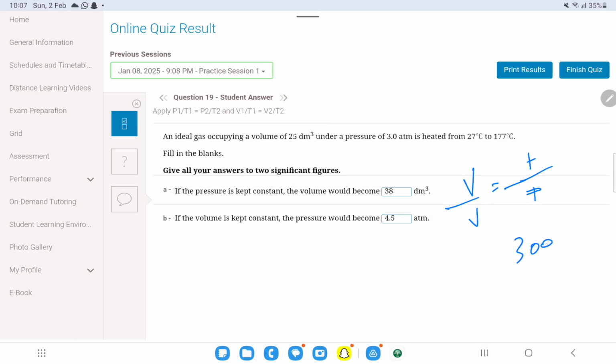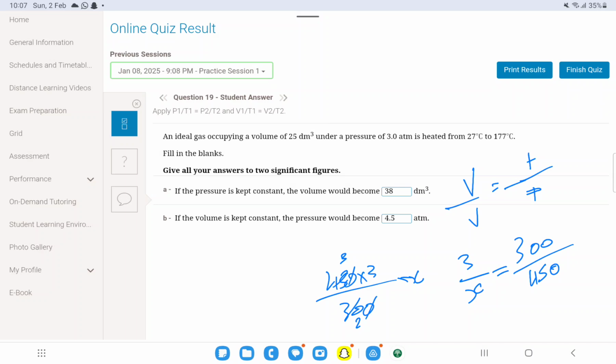You get 300 for T1, and 177 plus 273, you get 450 for the other one. V1 is 3 and x, so 450 times 3 over 300 equals x. Cancel the zeros. 450 times 3 over 300.